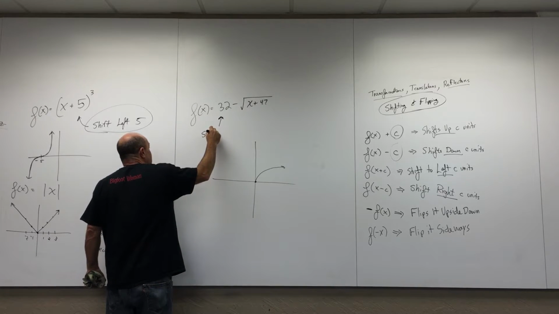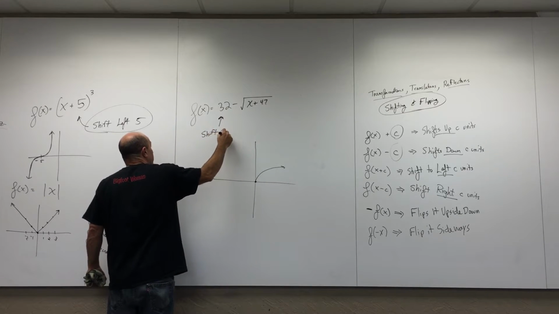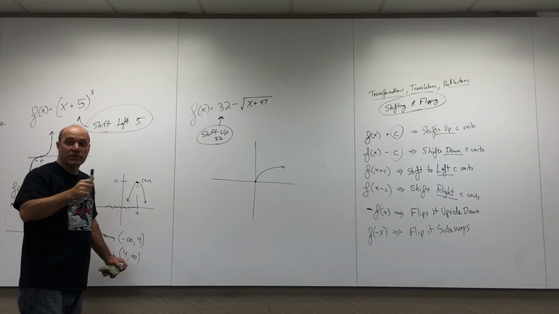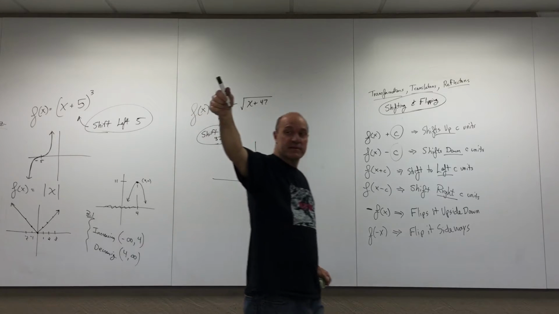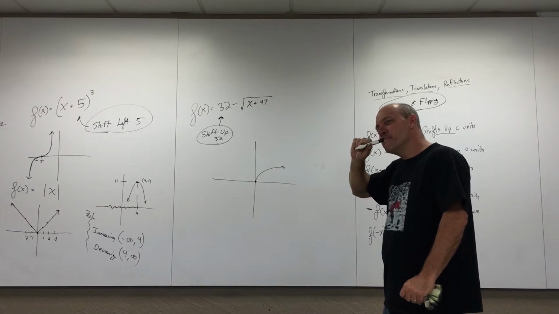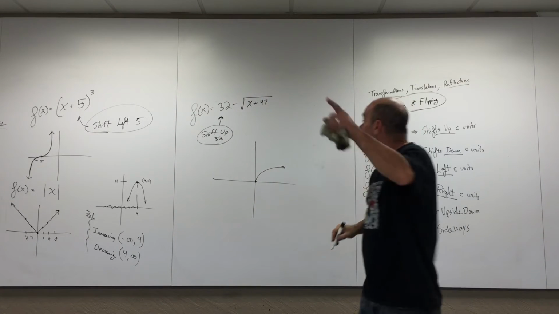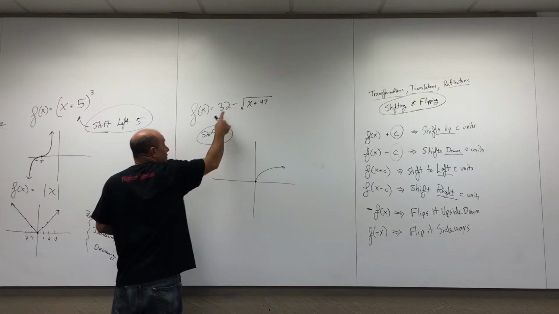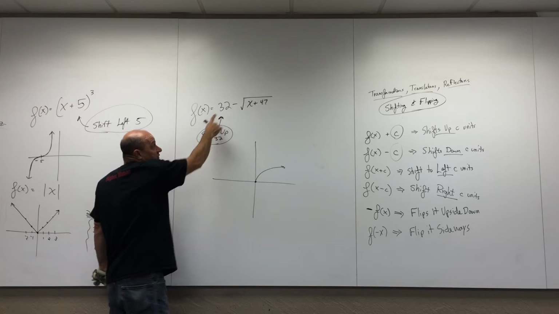Is that okay? What did you want to say? Oh, I was going to ask if it was a shift up with the flip upside down. Well, good. Students do get this confused a little bit, but you got it. The 32 is positive.